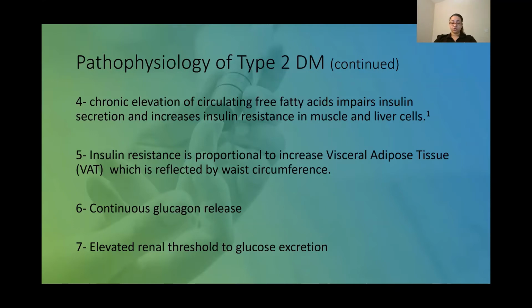Now, the renal threshold of glucose excretion is about 180 milligram per deciliter in healthy individuals. Now, in type 2 diabetics, the renal threshold increases from 180 to 220 milligram per deciliter up to 240 milligram per deciliter. And this is due to overexpression of the sodium glucose cotransporter 2. And this also participates in causing hyperglycemia.